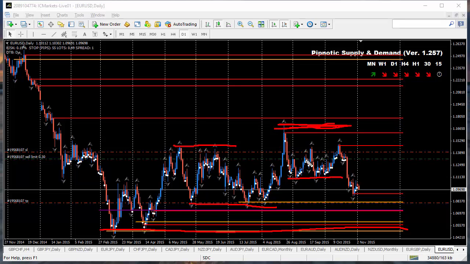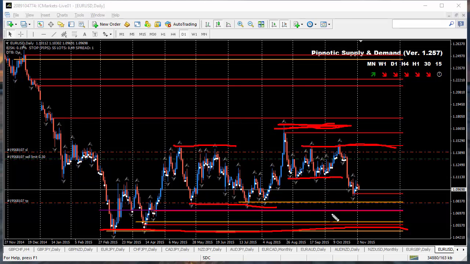And we had this low here, which served as support here. And we had this area here, which served as resistance when price was rejected off these lows, and then it moved through it. And now price is approaching this area of support here.